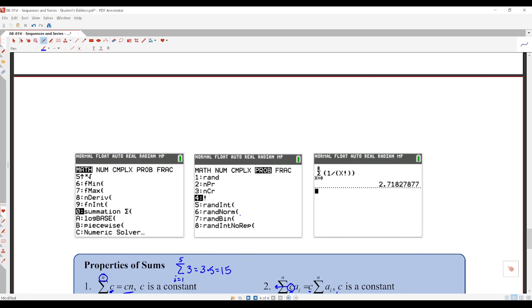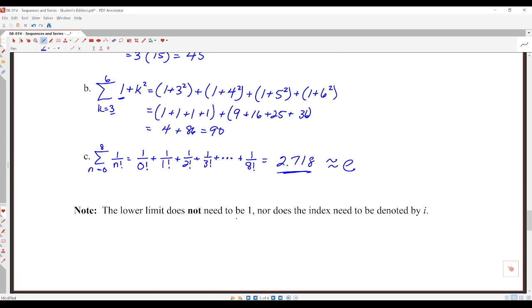And again, we saw that as well up here in example B. When I had this term here, because it ends up being all addition, we can just add up that first set of terms, and then we can add up that second set of terms. So I could have written that sequence as the sum from k equals 3 to 6 of 1 plus the sum from k equals 3 to 6 of k squared.